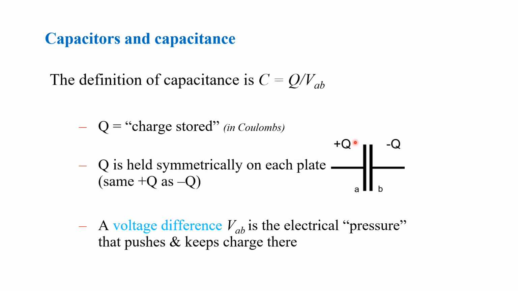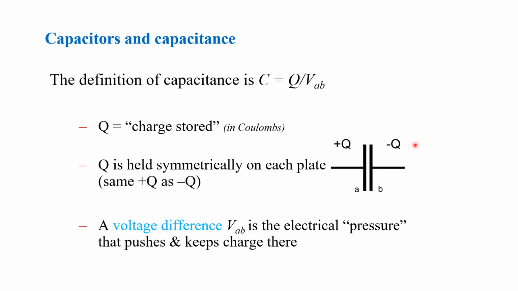So on one plate you have plus Q, and on the other plate you have negative Q. And this symbol here, with two parallel lines and lines on both sides, where the side lines represent the wire and the two parallel lines represent your capacitor, is the symbol we are going to use when we embed capacitors in circuits. So you have to remember this symbol.